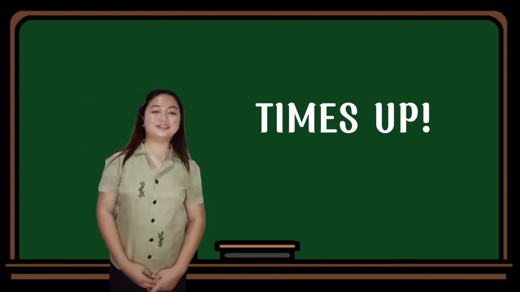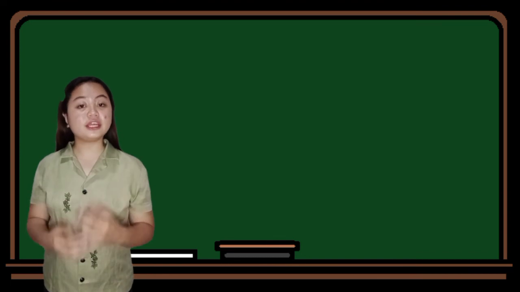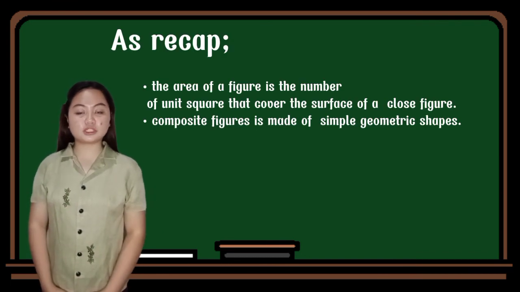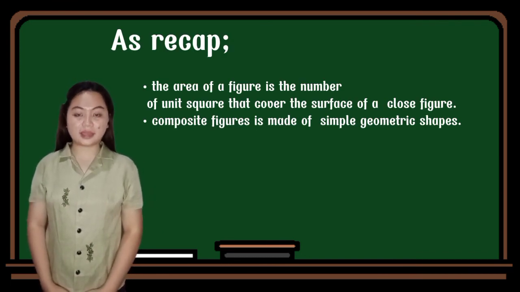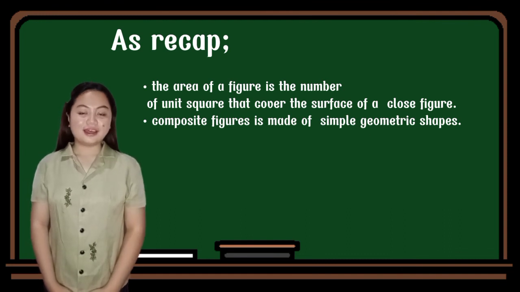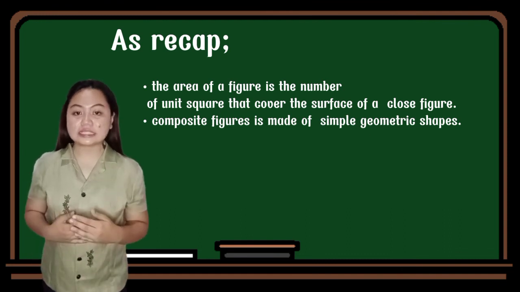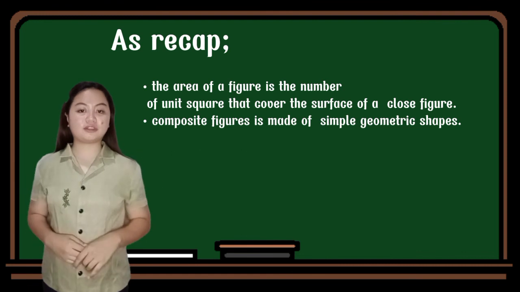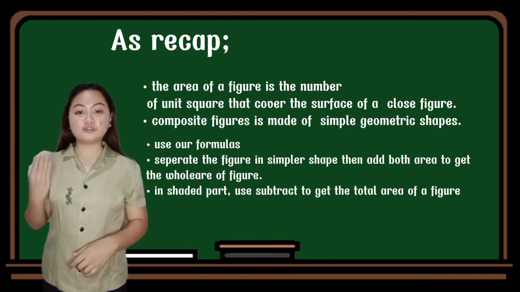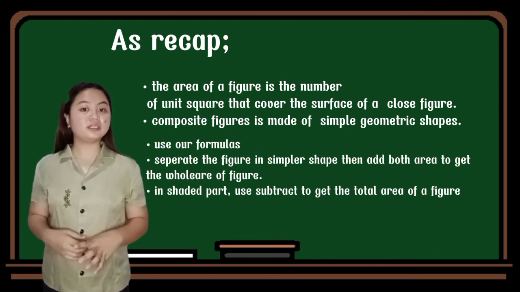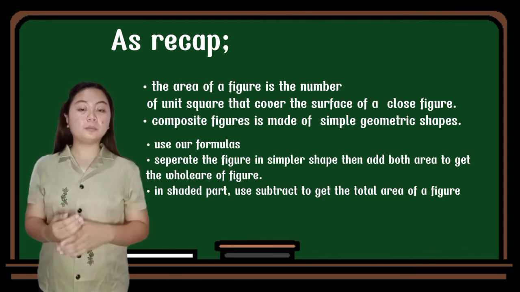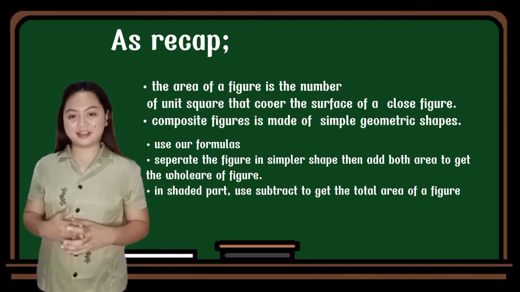Thank you. So, as a recap, the area of a figure is the number of unit squares that cover the surface of a closed figure. Next, a composite figure is made up of simple geometric shapes. To find the area of a simpler figure, we can use the formulas that we discussed earlier.